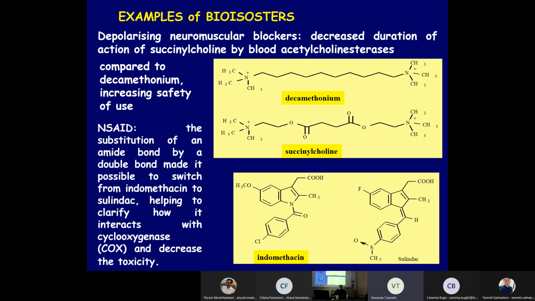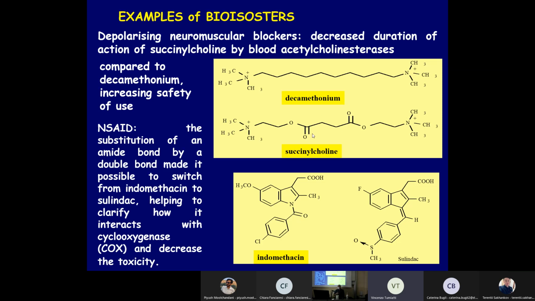How? They applied the bioisosterism approach. If you see, they changed 4 carbon atoms. They introduced 2 ester groups: 2 carbons are replaced with oxygen atoms and the other ones with a carbonyl.